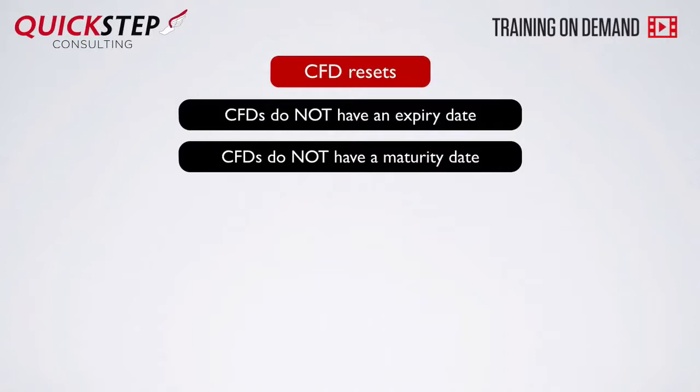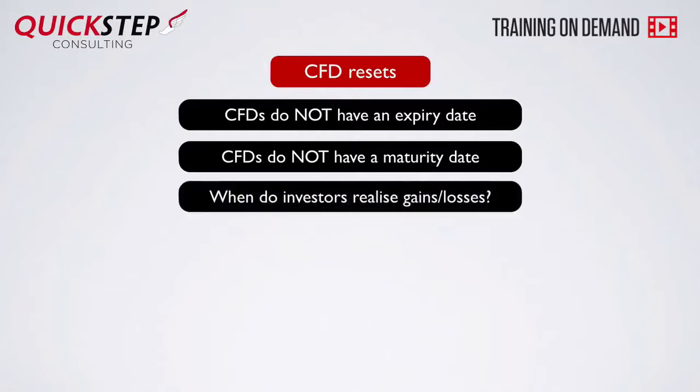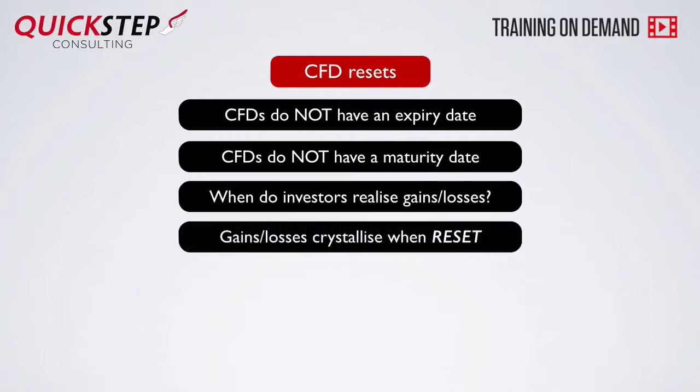CFD trading usually has a facility to allow the counterparties to receive some cash to reflect the gains made to date, or pay cash when losses are incurred. In other words, counterparties to CFD trades are usually able to crystallize gains and losses without having to wait for the position to be closed.